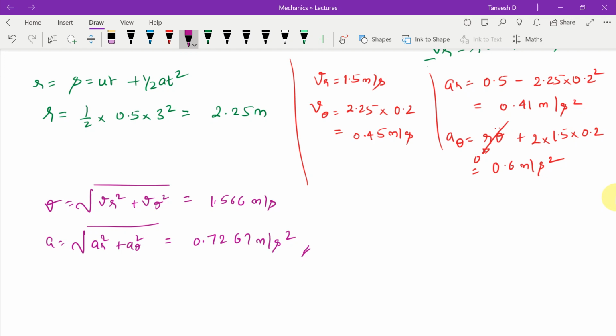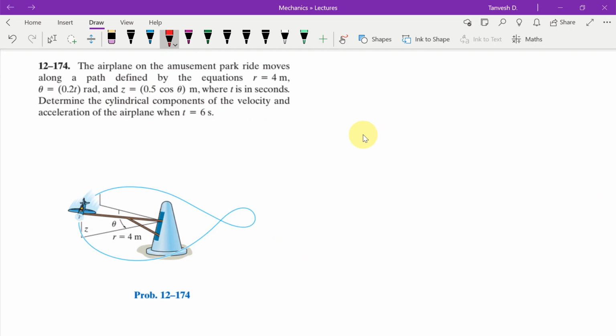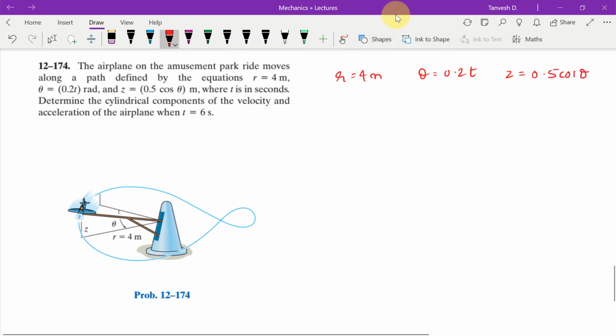Fine. What is given is that the airplane on the amusement park ride moves along a path defined by the equations r equals 4 meters, theta equals 0.2 t, and z is equal to 0.5 cos theta. Directly we can see that r is fixed along its motion, so this plane is not going to vary along the radial direction.